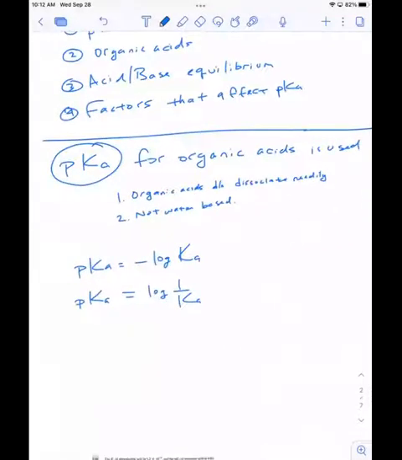So either one of those values is fine. But the point is that when you talk about pKa being, let's say, 1 over Ka, let's use that relationship.